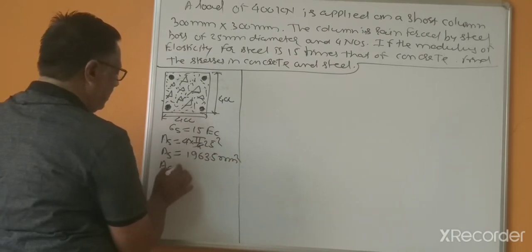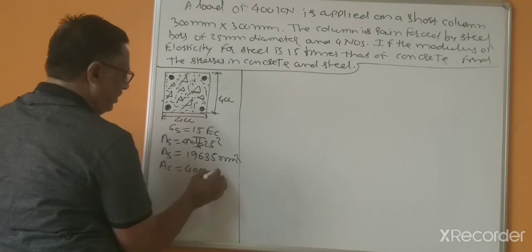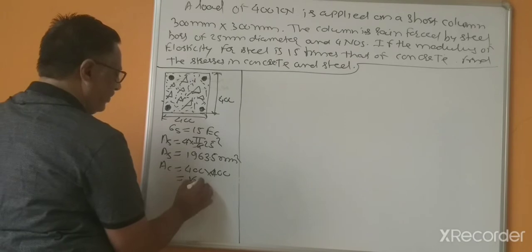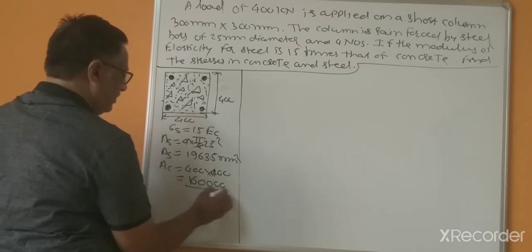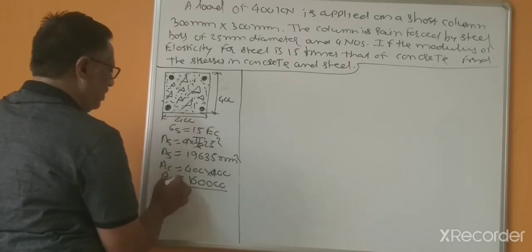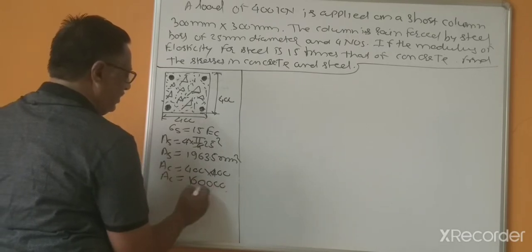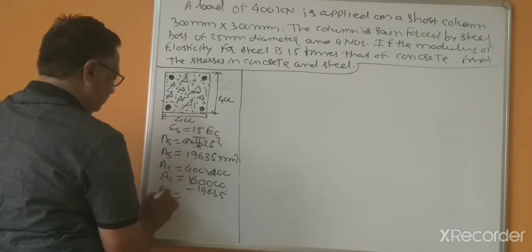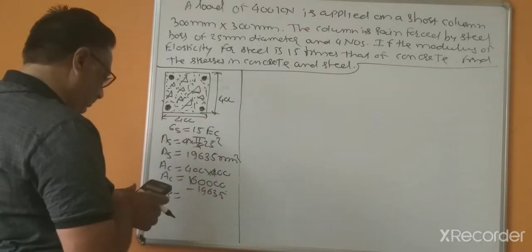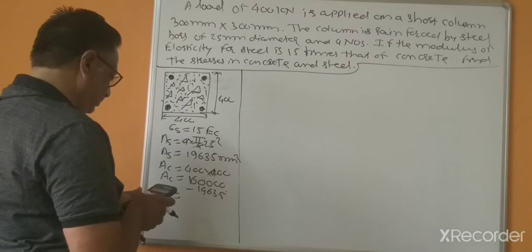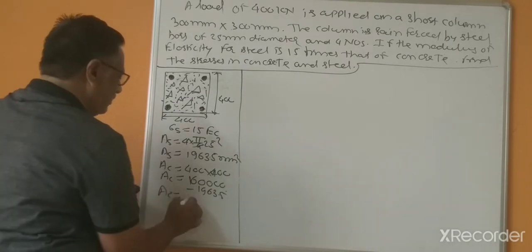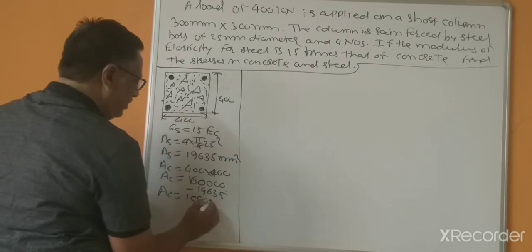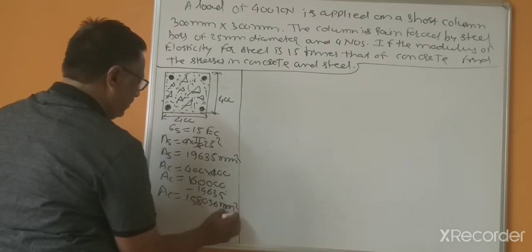And area of concrete equals 400 mm by 400 mm, which is 160,000, minus 1963.5, equal to 158036 mm squared. So actually this is correct.